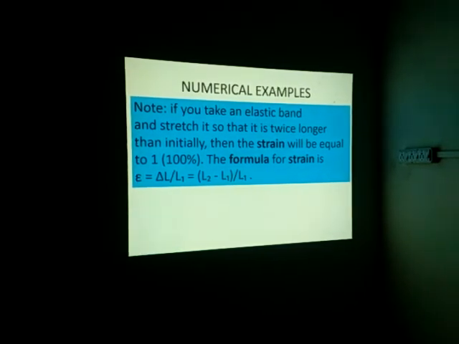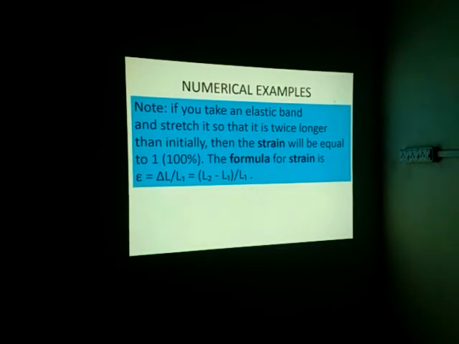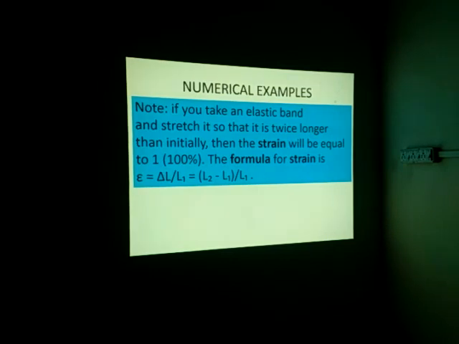So the strain in this case is 100%. The formula for the strain is epsilon equal to delta L by L1, and this change in length is L2 minus L1. So L2 is 2L, minus L1 which is L, so 2L minus L is L, divided by L, so this becomes 1. So strain equal to 1 means it is 100% strain value.